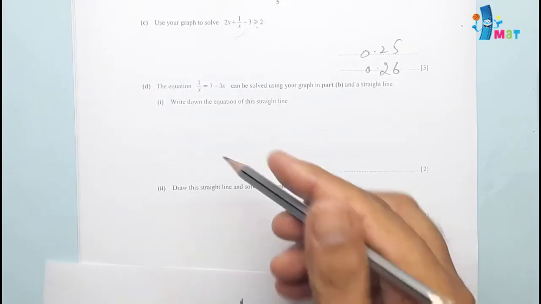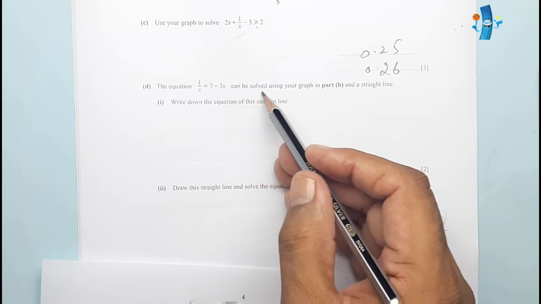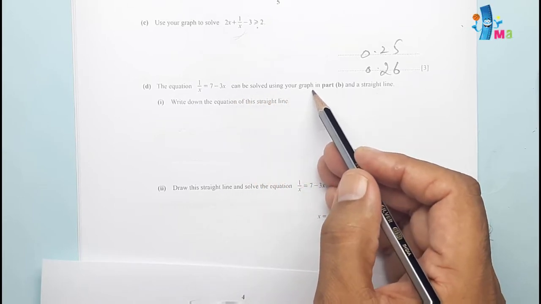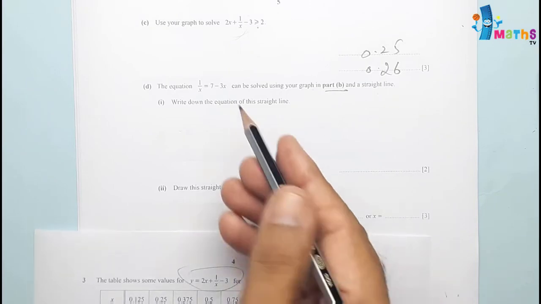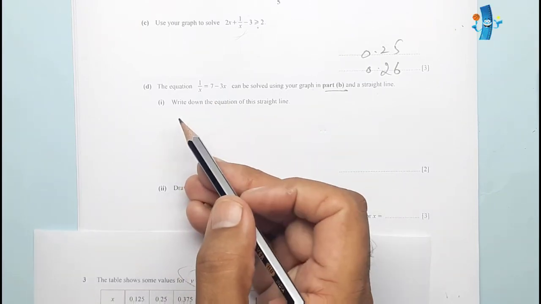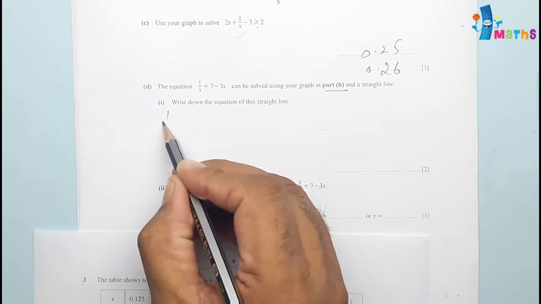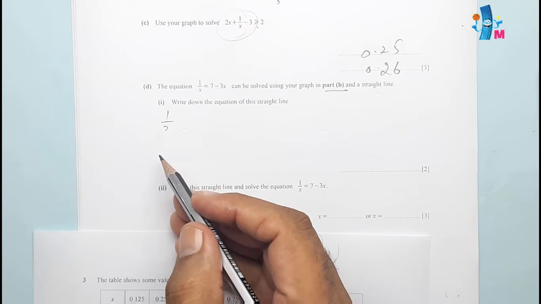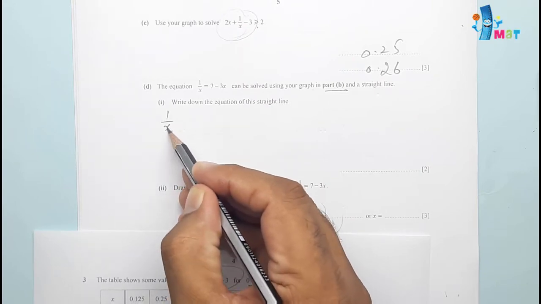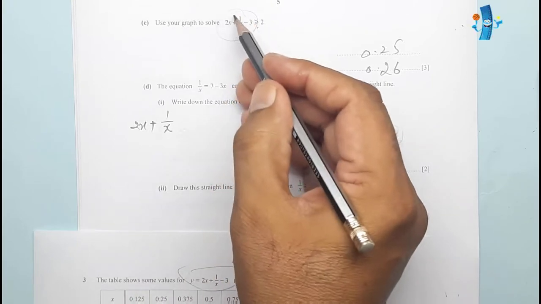Now the equation 1 over x is equal to 7 minus 3x can be solved using your graph in part B and a straight line. So we will be looking for the straight line. We can rearrange it like this: 2x plus 1 over x, the same thing.